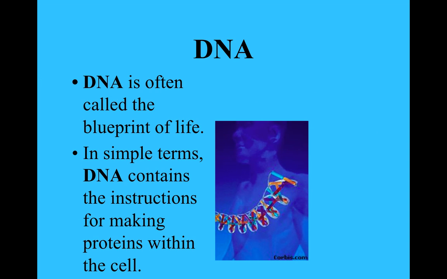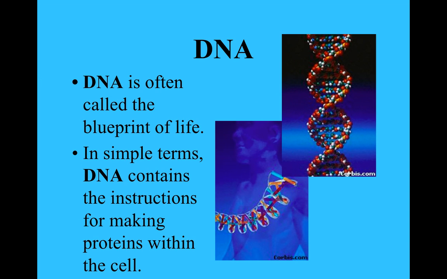All right, so these next few slides, you have very specific stuff on your notebook page to make sure you're filling out with these. All right, so DNA is often called the blueprint of life. In simple terms, you're going to make sure you understand that DNA has instructions for how to make things, specifically proteins. And if you remember from last year, proteins do a ton of different things in the body.